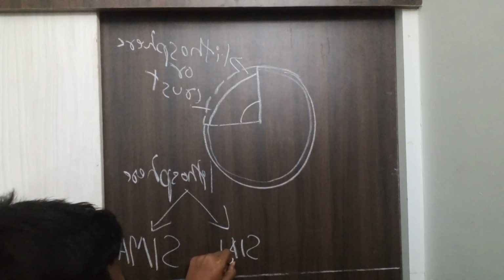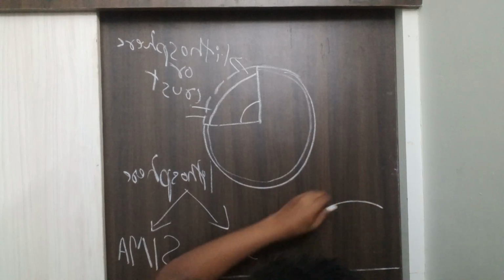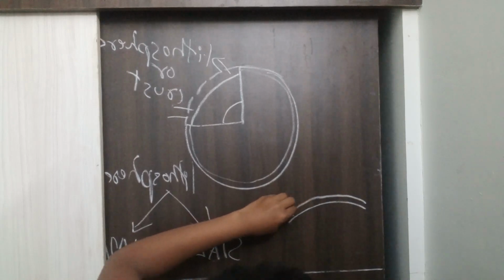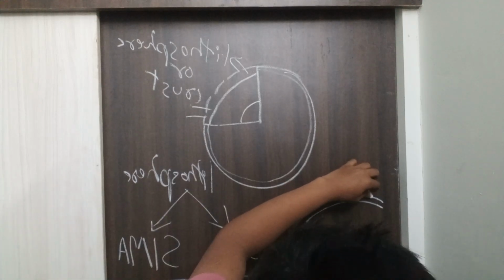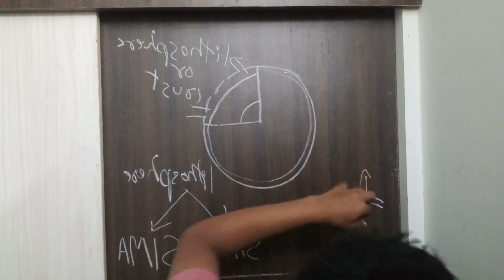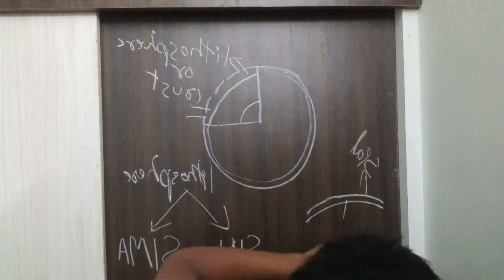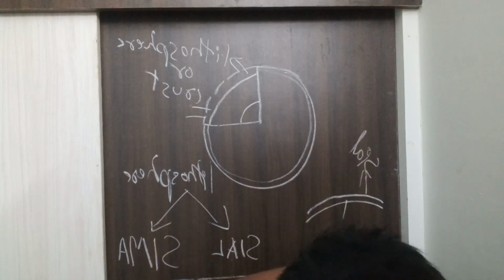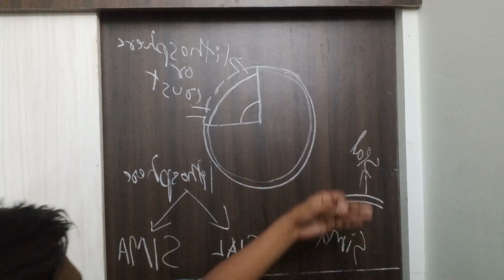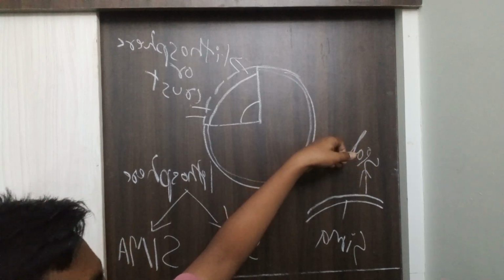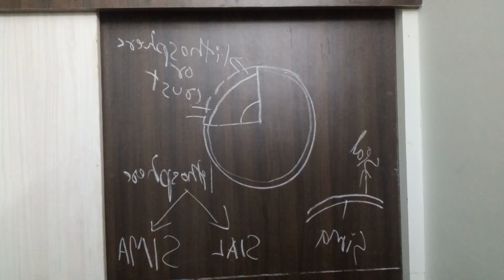Imagine this is the Earth's surface and this is the lithosphere; the upper part is Sial, and Sial is above the Sima because Sial has less density than Sima.